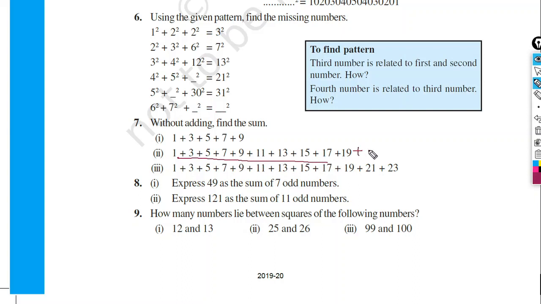You just add one more, 21, equal to 11 square or equal to 121. This will be your answer for part three of question number 8. Okay. Now we'll move to question number 9.